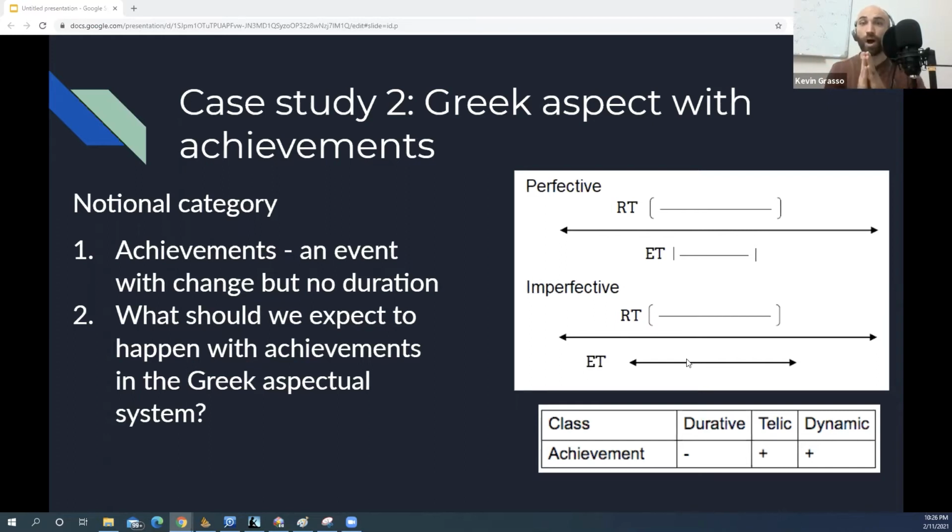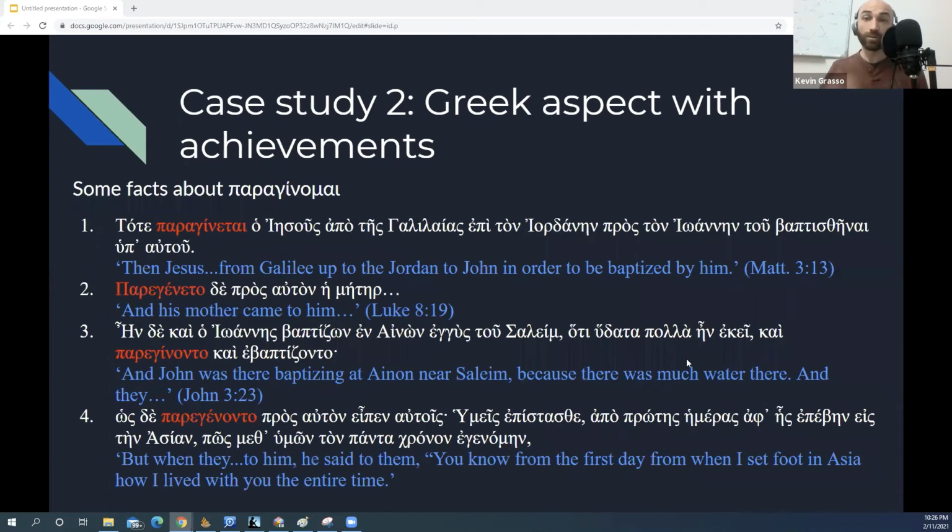It can require us to extend events into the past, for example, or into the future, and we can basically be talking about a pre-event time. So that's what we should actually expect if these forms are true imperfectives, right? In that sense. So the question is just, does it happen, right?